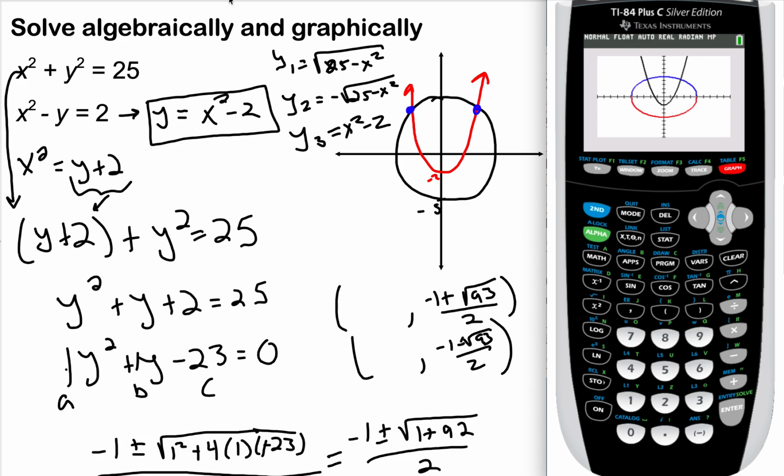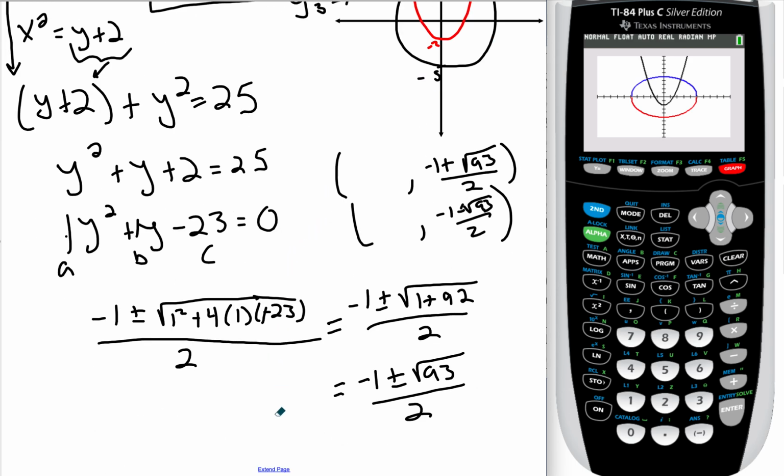Now, I now need to solve. So I don't necessarily have my points yet. I want to be careful here. I need to solve for x, okay? So when y is a negative number, right? You think about this. We're going to have a problem here. And here's why. Let's go ahead and plug these numbers in.